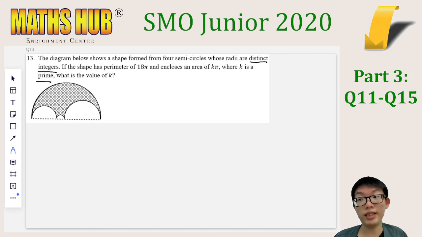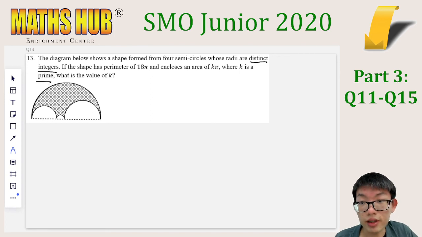And so this means that we should probably form the equations from the area and perimeter, but subsequently our approach is not necessarily to find it out using geometric principles, but rather using number theoretic ideas, like how can k be a prime, is it odd or even, how do I make my radii distinct integers, and so on.